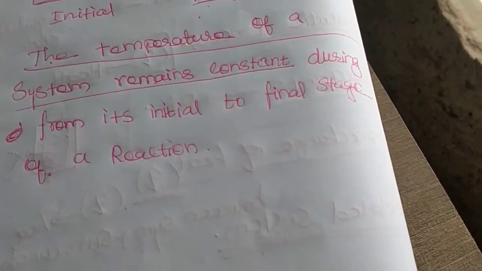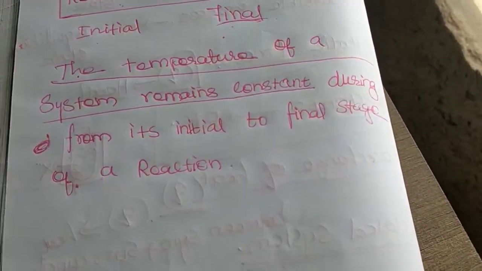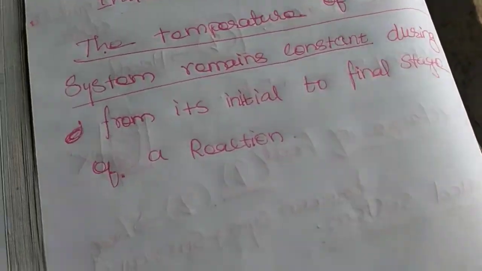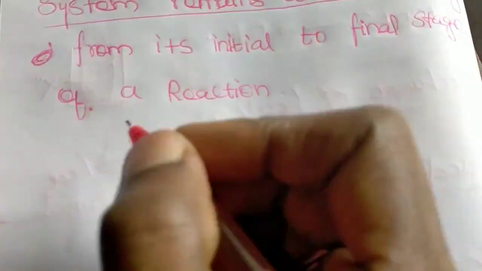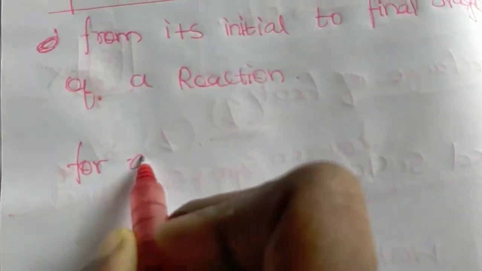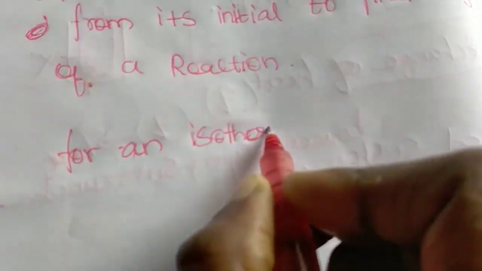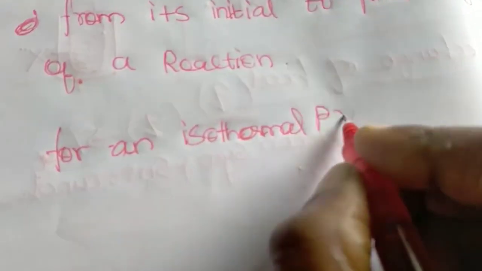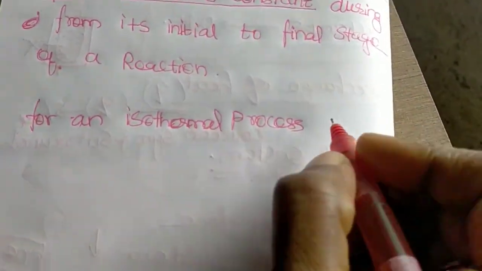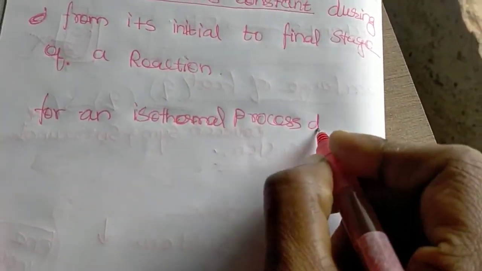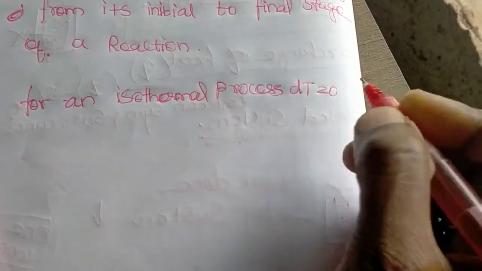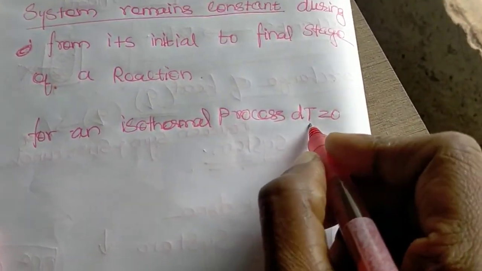So, for an isothermal process, dT is equal to 0. T means temperature.